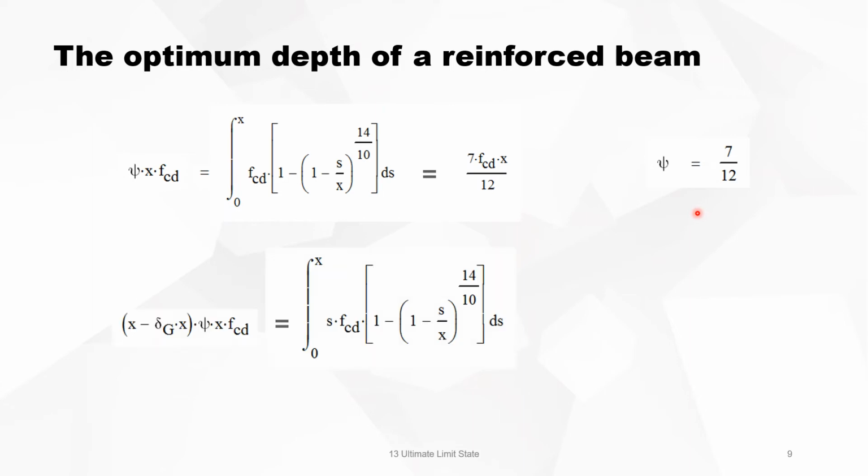We also have to calculate the point of gravity, delta G. We do that by means of a rotation equilibrium, and we do exactly the same as I've shown in the previous lessons. This is the stress, and this is the coordinate s, and we make an integration between 0 and x, the depth of the neutral axis.